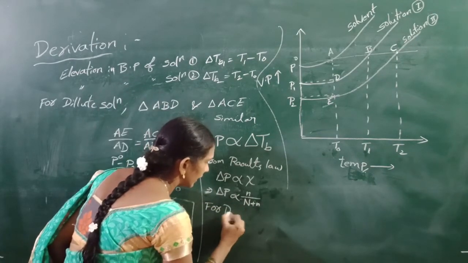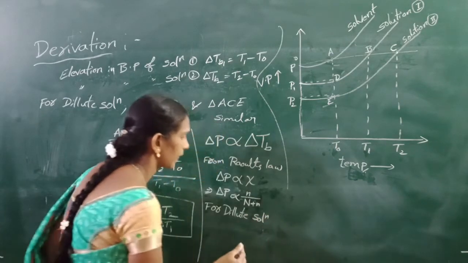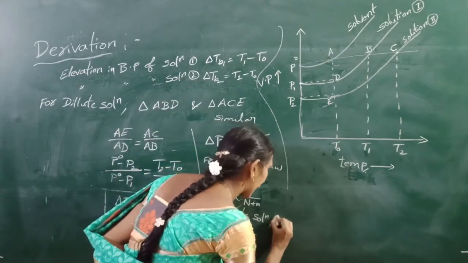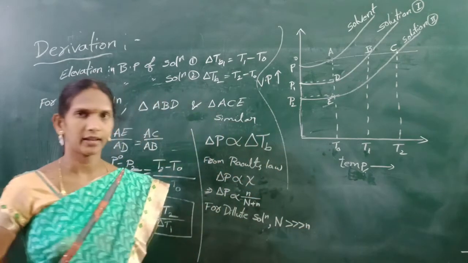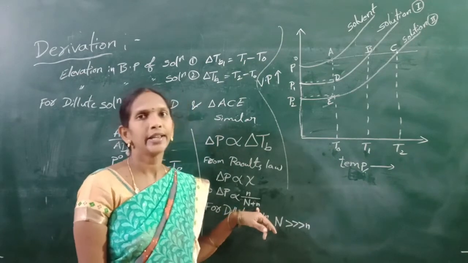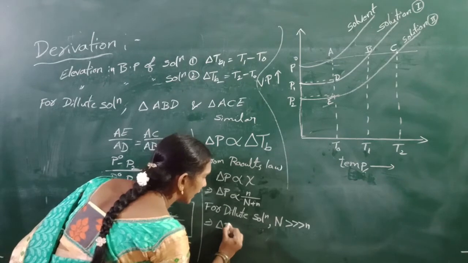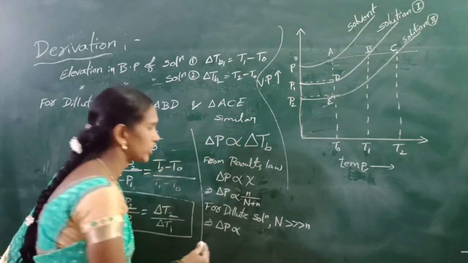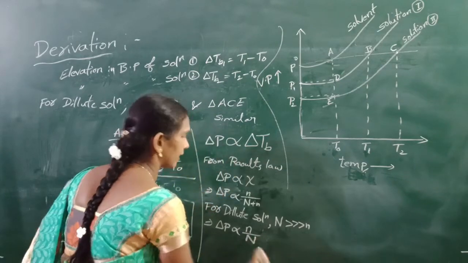For dilute solution, capital N is greater than small n, so small n can be neglected in the denominator. That means delta P is directly proportional to small n by capital N.